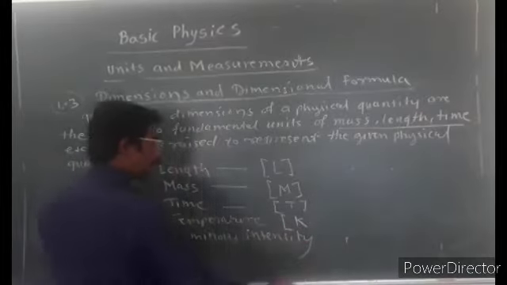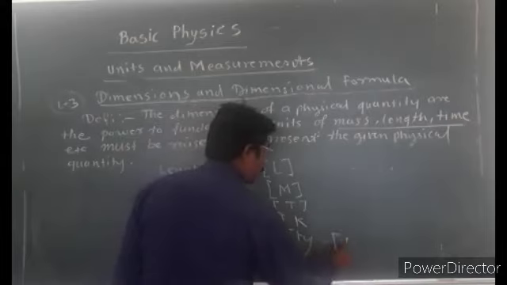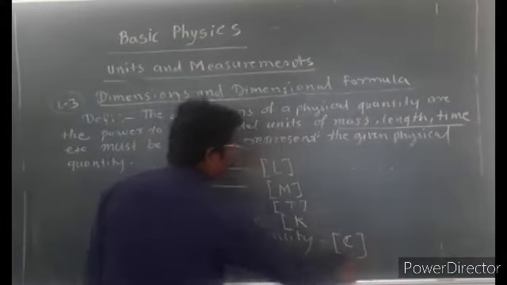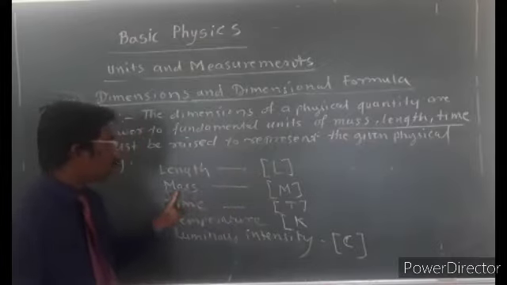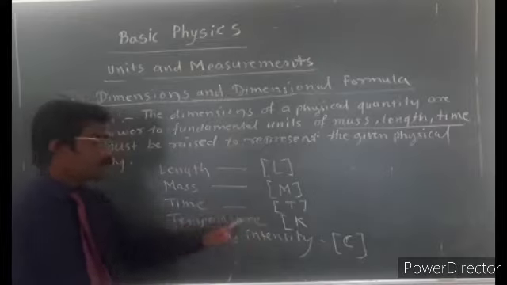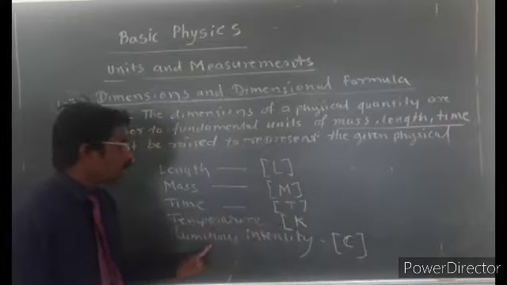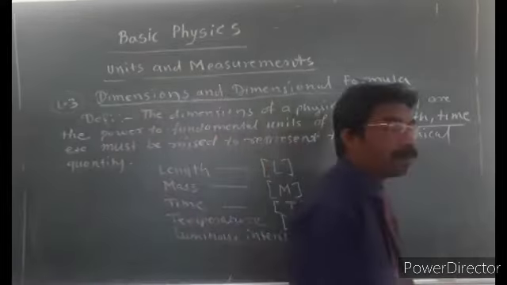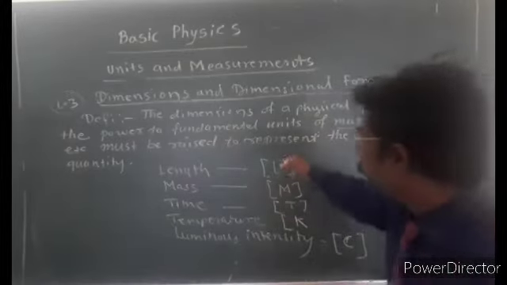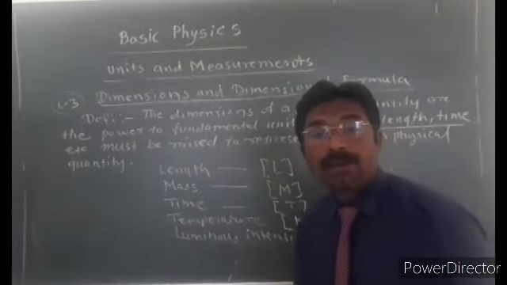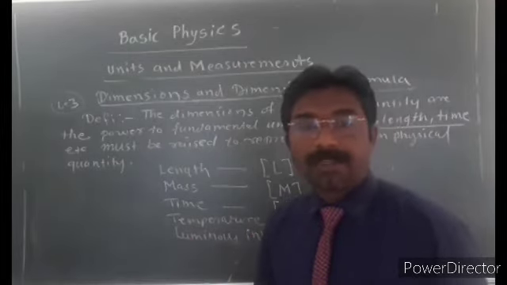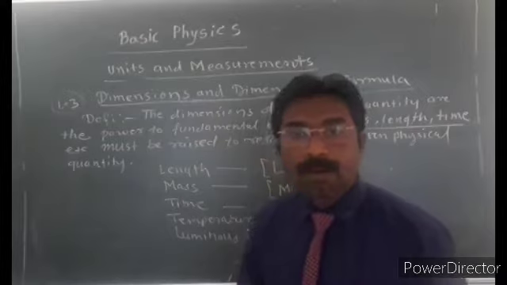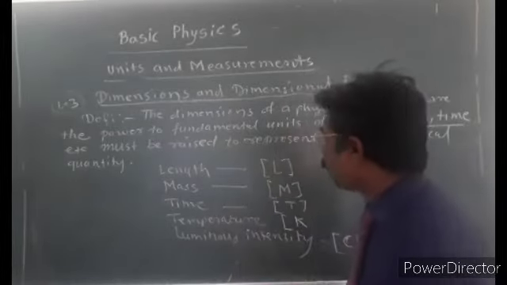Length is denoted by capital L, mass by capital M, time by capital T, temperature, Kelvin, by capital K, and luminous intensity by capital C. We have to use these letters while writing the dimension of any physical quantity, whether it is a fundamental physical quantity or a derived physical quantity.